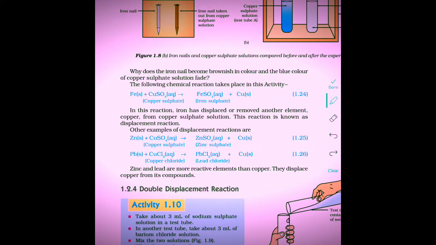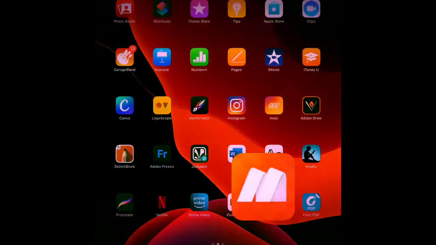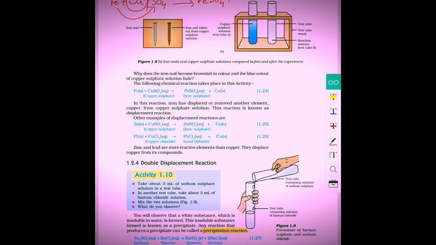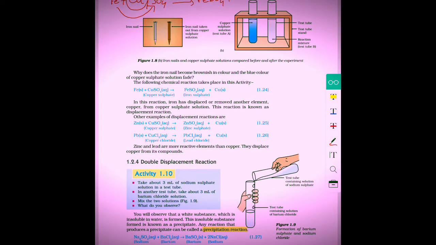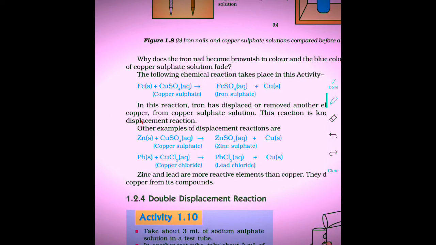So it became FeSO4 plus Cu. This shows that copper was displaced by Fe. So we can easily understand how the displacement reaction occurred. It shows replacement of one element by the other, and this is called a displacement reaction.